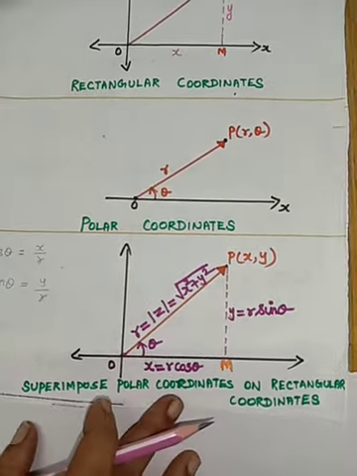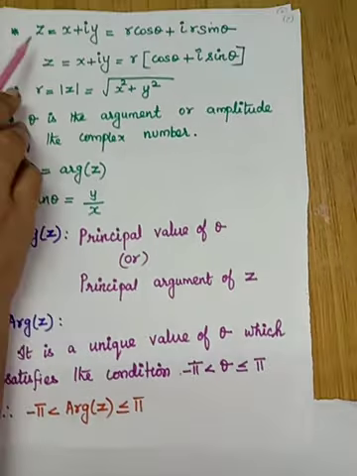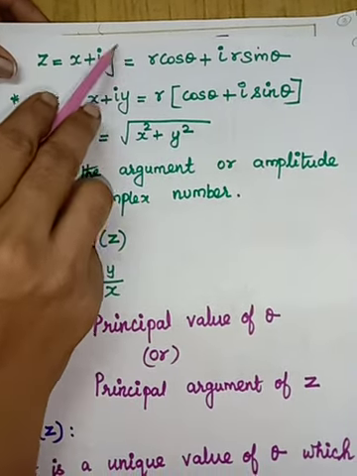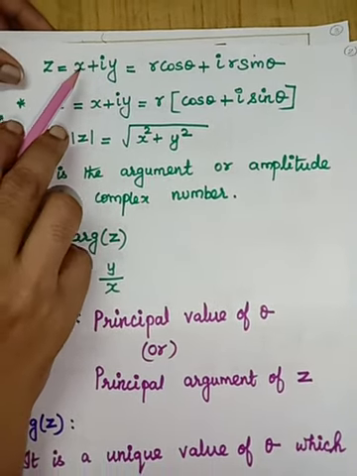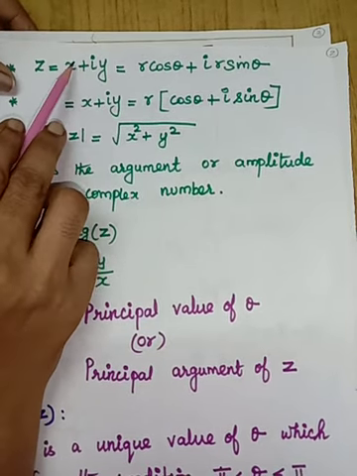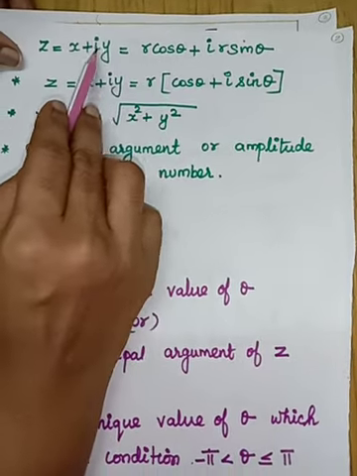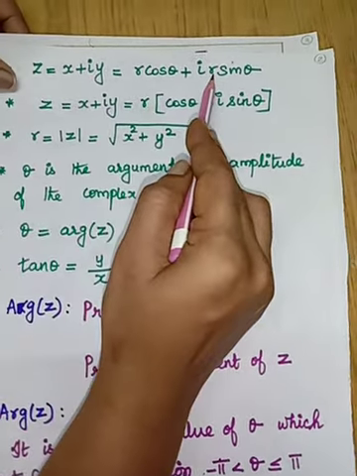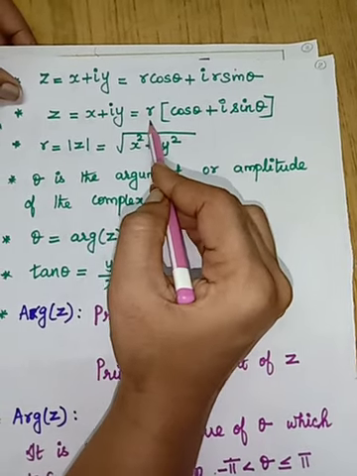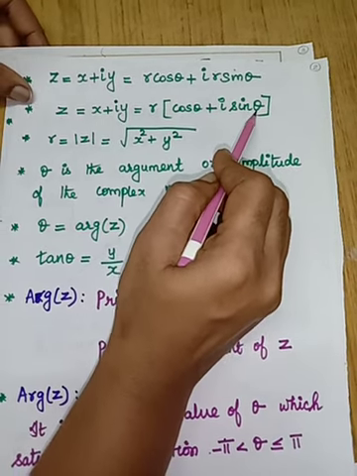In polar form, the complex number z, which is written in rectangular form as x plus iy, can be written by substituting r cos theta in place of x and r sin theta in place of y. From these two terms, r is common. So r into cos theta plus i sin theta.